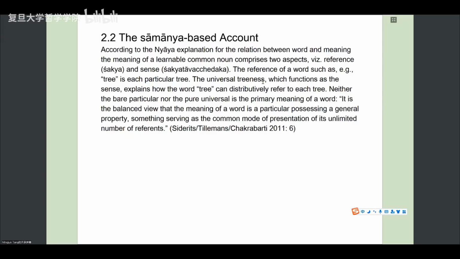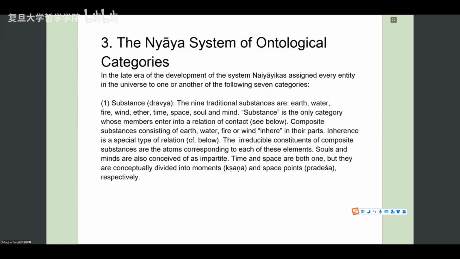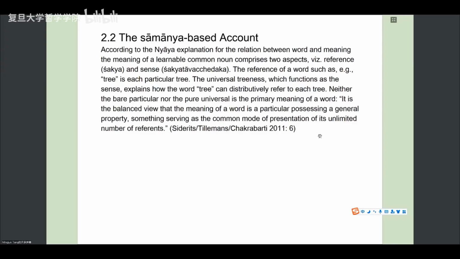The universal treeness, which functions as the sense, explains how the word tree can distributively refer to each tree. Neither the bare particular nor the pure universal is the primary meaning of a word. It is the balanced view that the meaning of a word is a particular possessing a general property, something serving as the common mode of presentation of its unlimited number of references. So what a common noun like tree refers to is a tree in combination with the universal.